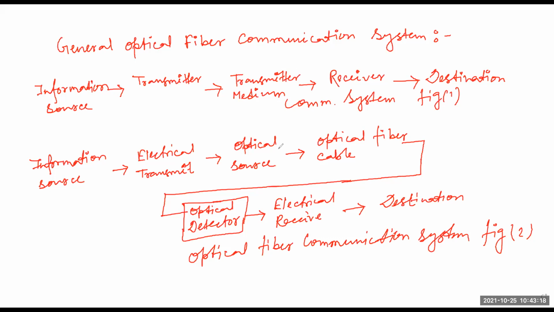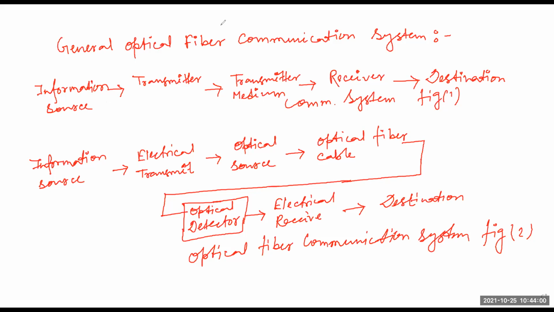In that channel the signal passes from one end to another end, and this is the receiver, the demodulator. When the signal is received in the receiver, it is demodulated, so with the help of the demodulator we again receive the original signal, which is now at the destination. So this is the normal communication system, showing how the signal is transmitted from source to destination.